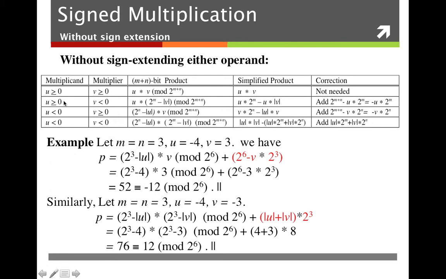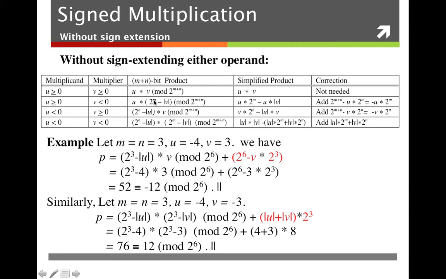Now, this second case requires a little bit of attention because our second operand here, which is our multiplier, is actually negative. So when this is negative, we need to assume that the negative multiplier has this kind of representation because it's a two's complement number.